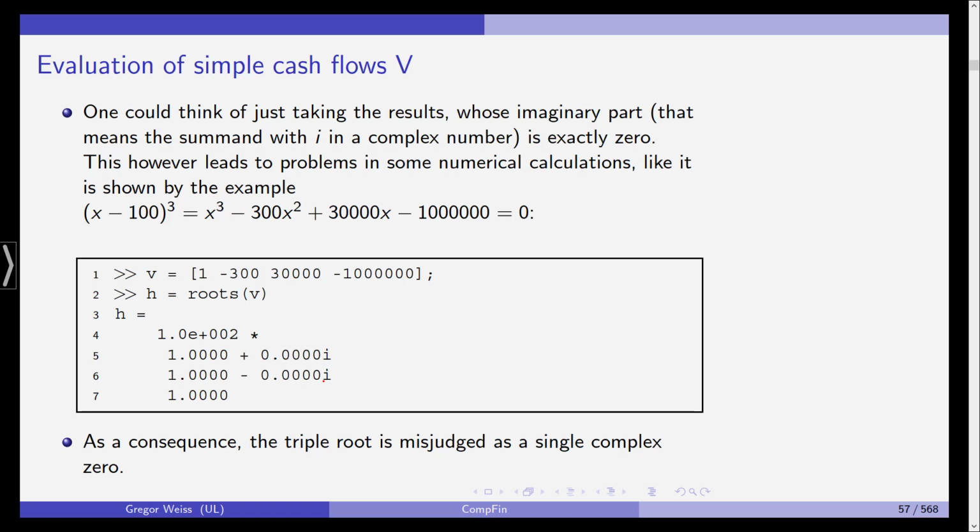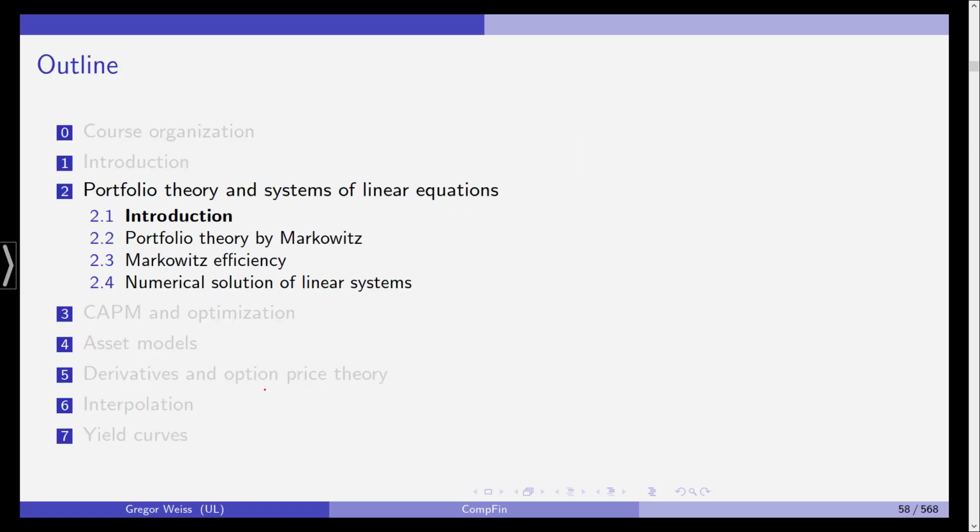And if you now take the function roots again with this monomial representation, you can see that you're not seeing that this is a real root 3 times, but you would think that these are 3 distinct roots, and this is misjudged by Matlab.